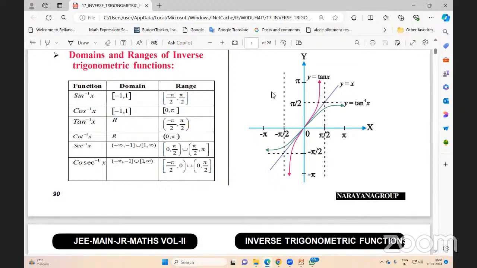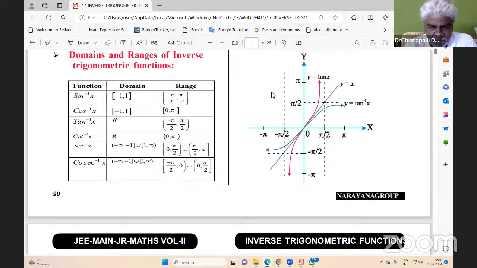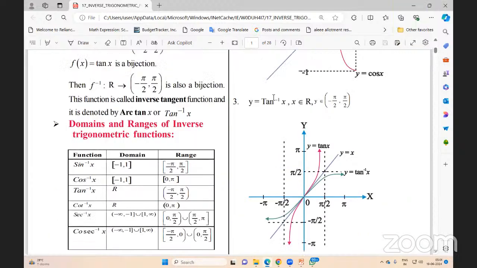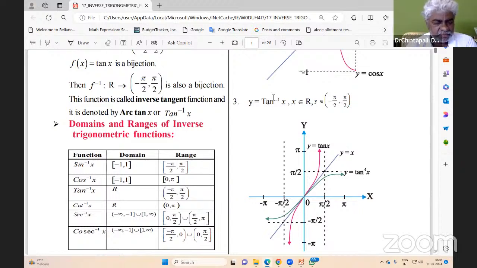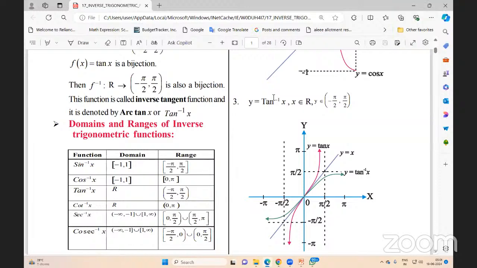Negative 1 to 1, sir. What is the range of sine inverse x? Negative pi by 2 to pi by 2. The range of sine inverse x is the domain of sine x. So the order reverses.